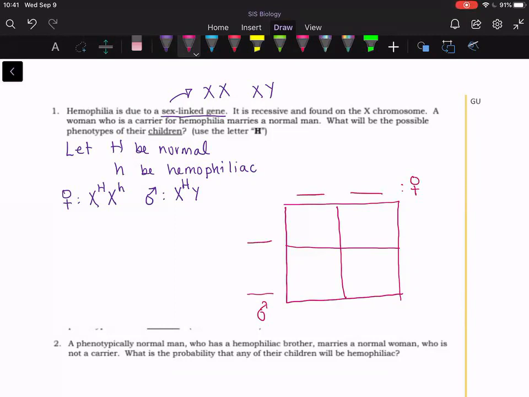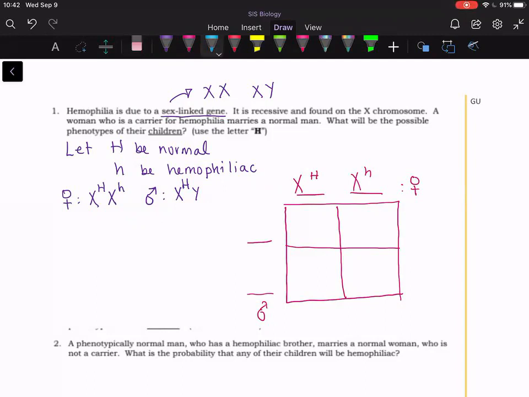So it doesn't matter where you put the male or the female. The females I'm going to put at the top. So this is what her genotype is, okay? I'm going to put one of her sex chromosomes beside her other sex chromosome. Okay, so do you see how I did that? I broke apart both of her sex chromosomes.